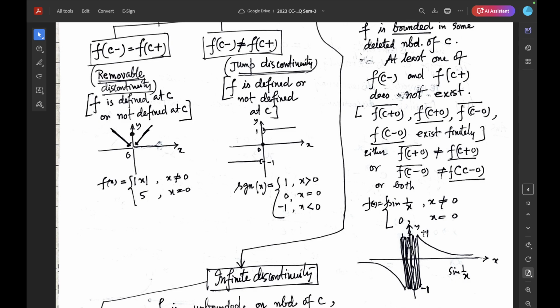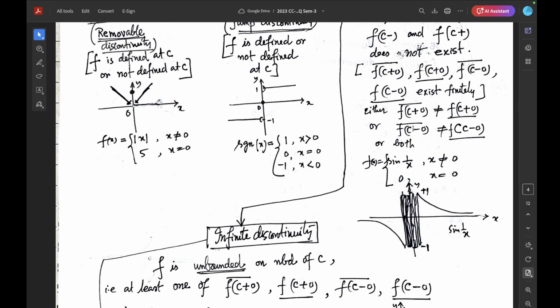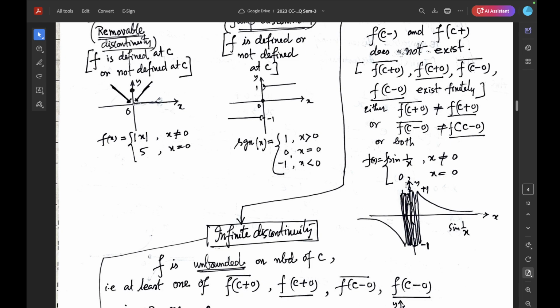For sine 1 by x, f 0 plus 0 upper bar is 1, f 0 plus 0 lower bar is minus 1. Similarly, f 0 minus 0 upper bar is 1 and f 0 minus 0 lower bar is minus 1. This function is bounded because sine 1 by x is bounded between minus 1 and 1.